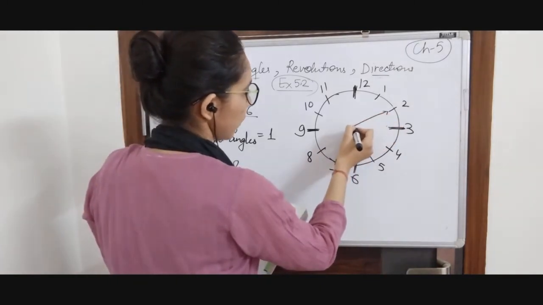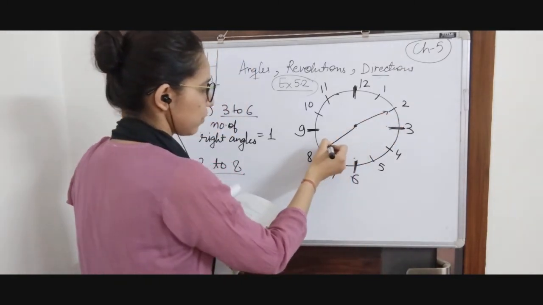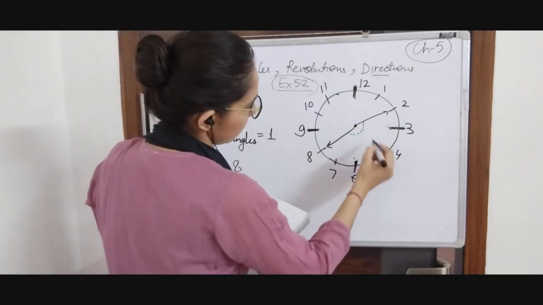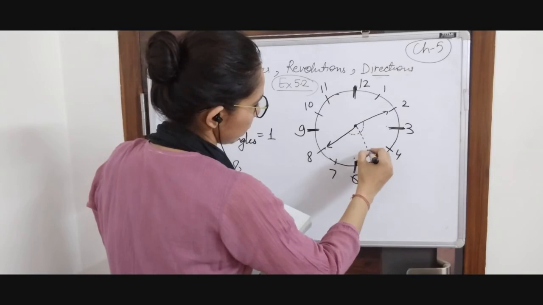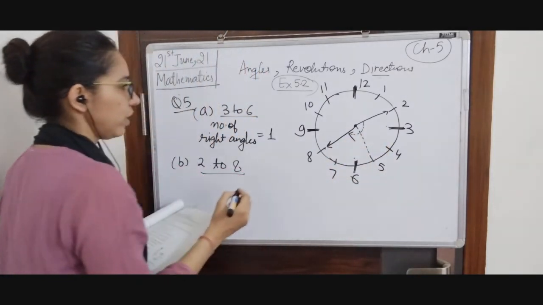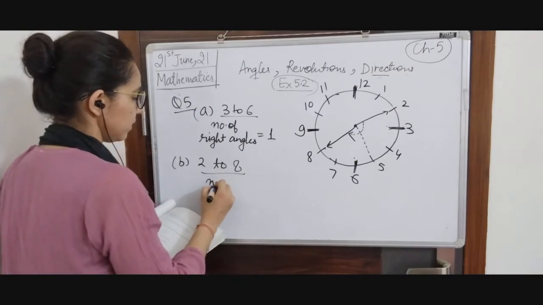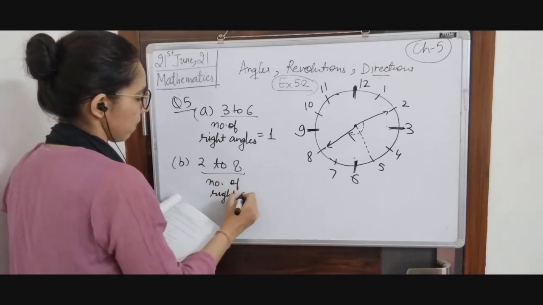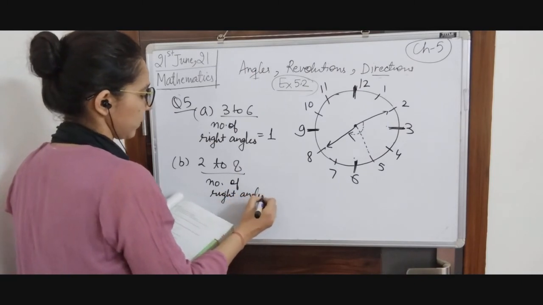Our hand was at 2. Now it is at 8, and it is moving in this direction. So when it reached 5, it covered one right angle, then it covered 2 right angles. The number of right angles will be equal to 2.